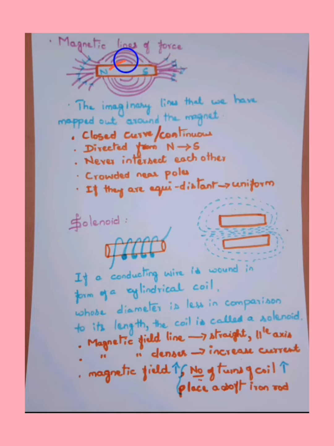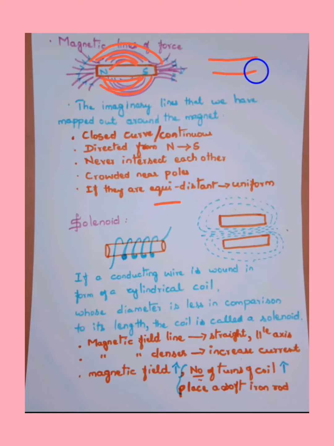And if these magnetic field lines are placed properly, exhibiting equal or parallel distance, parallel means lines with the same spacing. So if these field lines are equally distributed like this, then we call them uniform magnetic field lines.